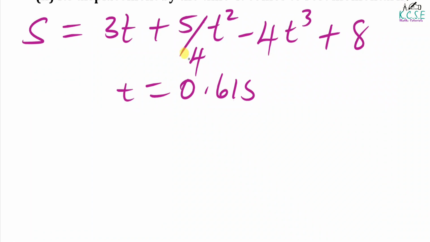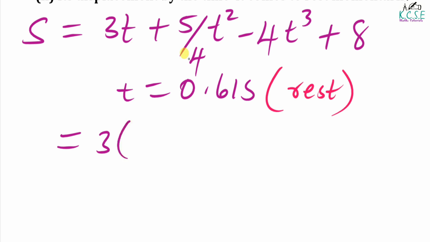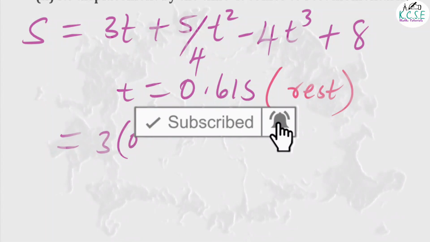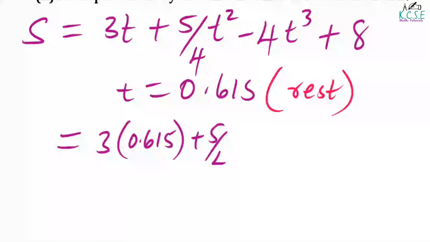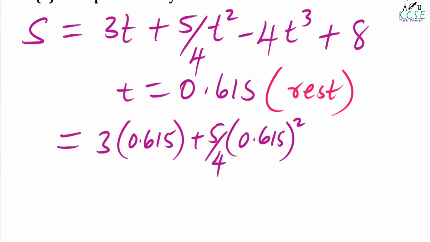So to do this, we shall take this expression for displacement and we substitute this value of t, that is when the particle is at rest. So substituting this, we get 3 times 0.615 plus 5/4 times 0.615 squared minus 4 times 0.615 cubed plus 8.